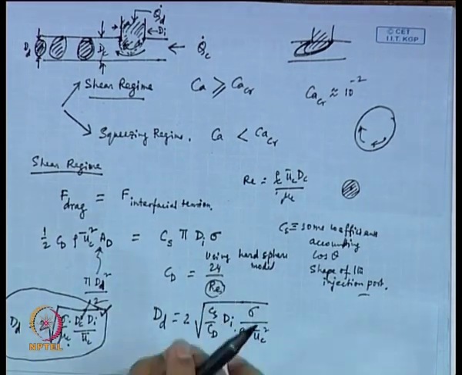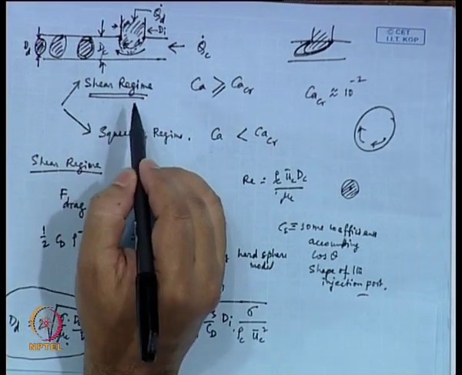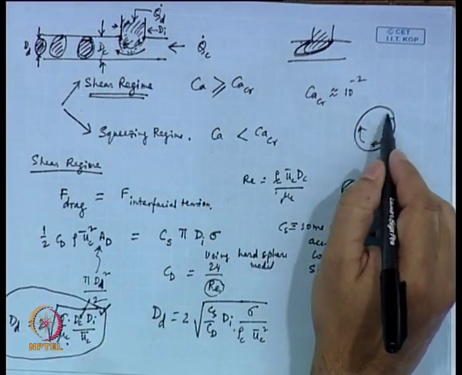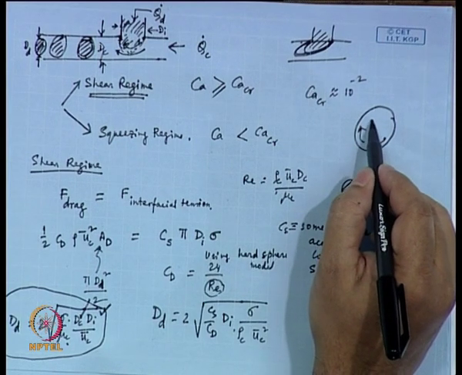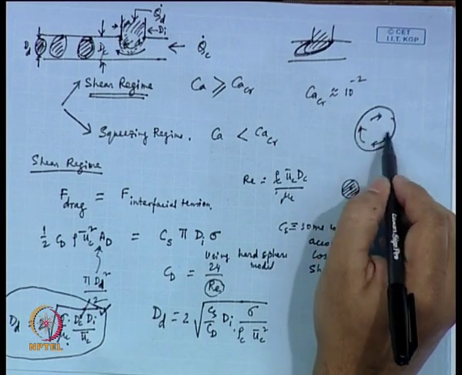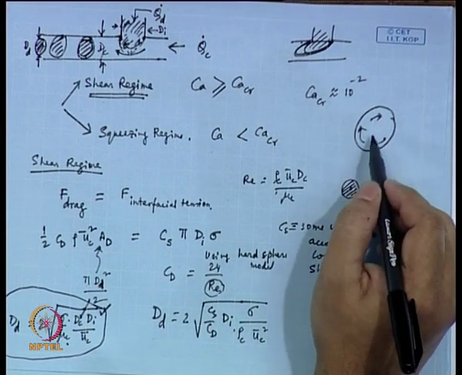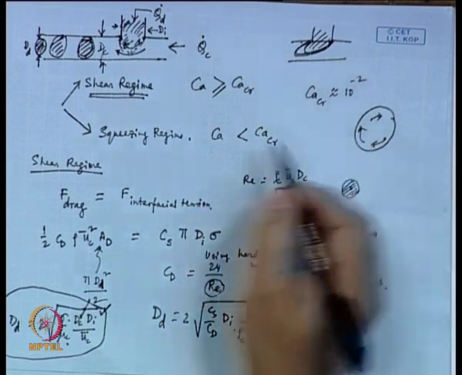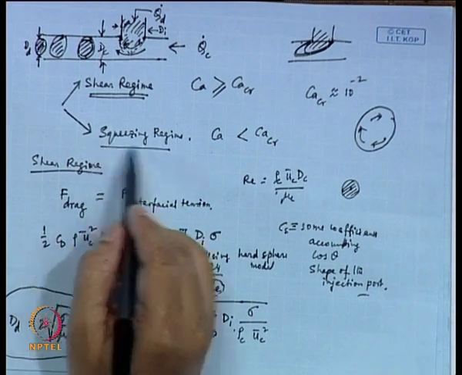Now, this once again underscores the fact that this process is the shear regime. Since you have the shear, that is why you have this type of movement within the droplet. If somebody tries to find out the velocity vectors, he will find a substantial development of vortex inside this droplet. On the other hand, in the case of the squeezing regime, I do not expect shear.